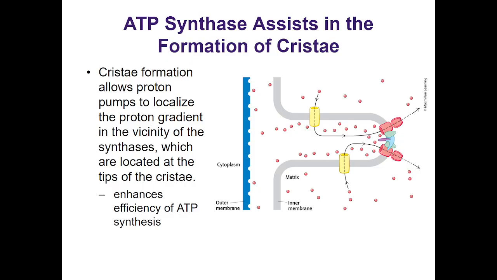And so what you're going to see is that typically these are located at the tips of the cristae, and then you're going to have your complex 1 through 4s located on the body. And this is going to build up concentration within this crista. See that? And you'll have less concentration out here. You'll still have some concentration, but it's going to drift downwards as you go out here. Anybody have any questions about that?